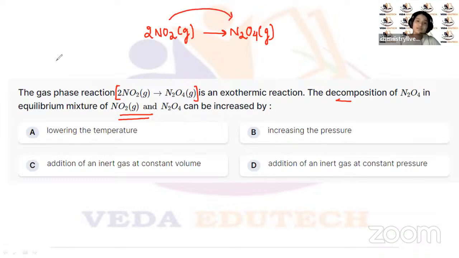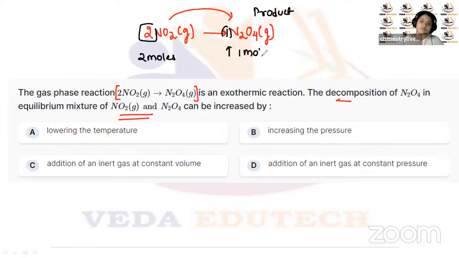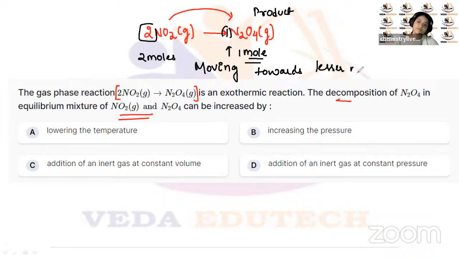We are moving towards the product. Now, if you consider the number of moles here, this is 2 moles here. And this is 1 mole here. So can I say, children, we are moving towards a lesser number of moles? Yes, we are moving towards a lesser number of moles.